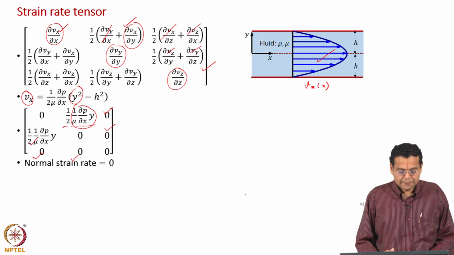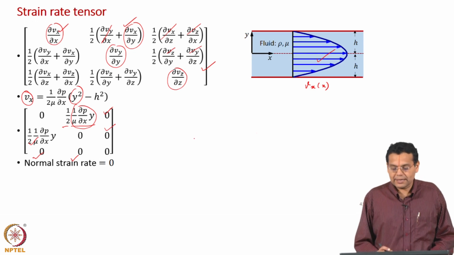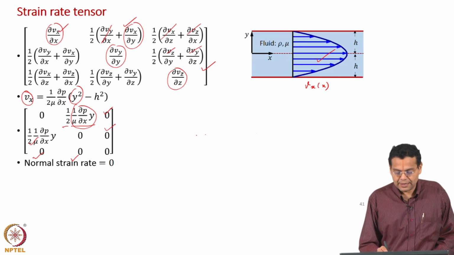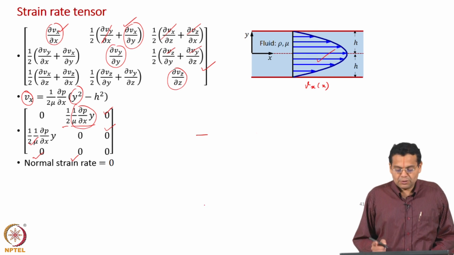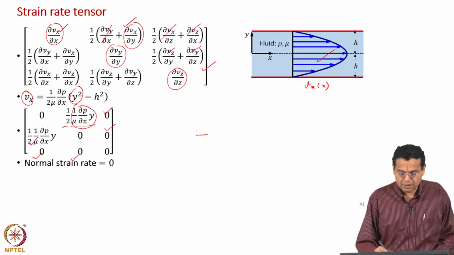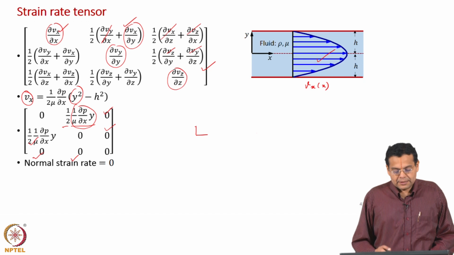What does it mean? When you say normal strain rate is 0, remember this is along the x axis and y axis. So if you take a line element along the x axis, there is no rate of change of length, and if you take an element along the y axis, there is no rate of change of length.